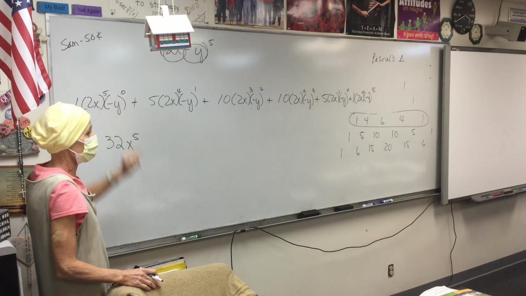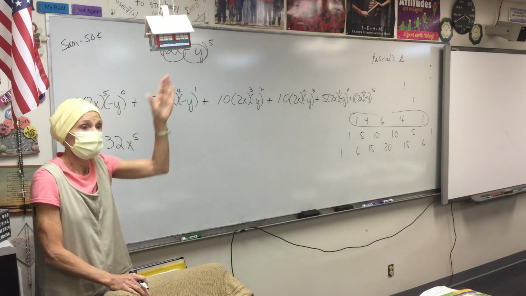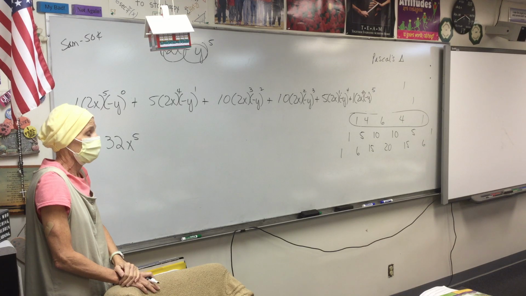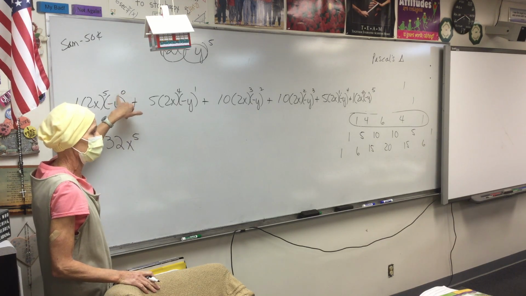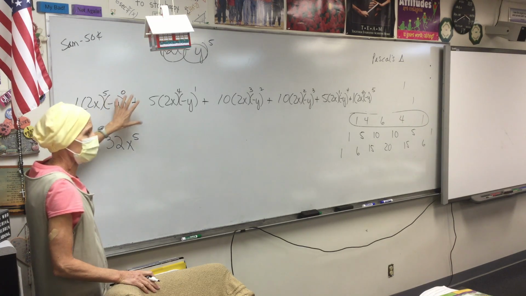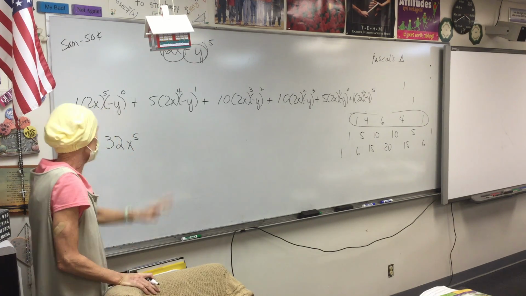Why is it 32x to the 5th? Because 2 to the 5th is 32. Now what happened to this part? It just equals 1. Anything to the 0 power is 1. So it's just gone.